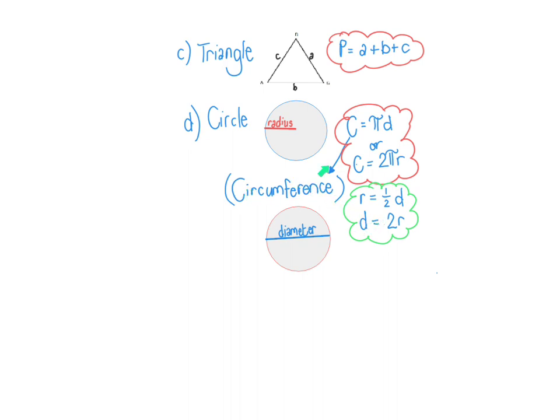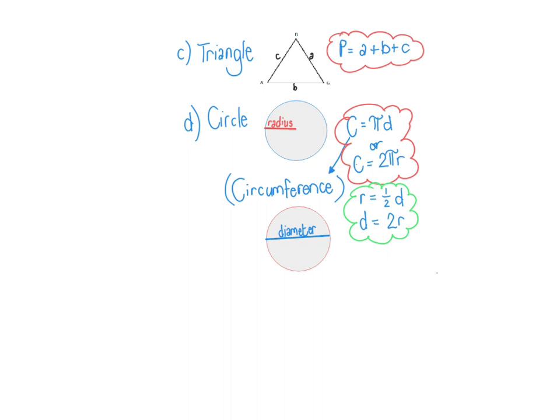So the formula would be that the circumference is equal to pi times diameter. Now, where did pi come from? Just a quick recap on that. If I taught you in grade 8, you would know this because I did tell you. Long ago, they measured with a string around the circle to find its circumference. And then they laid it out straight against a ruler or whatever to measure the circumference.